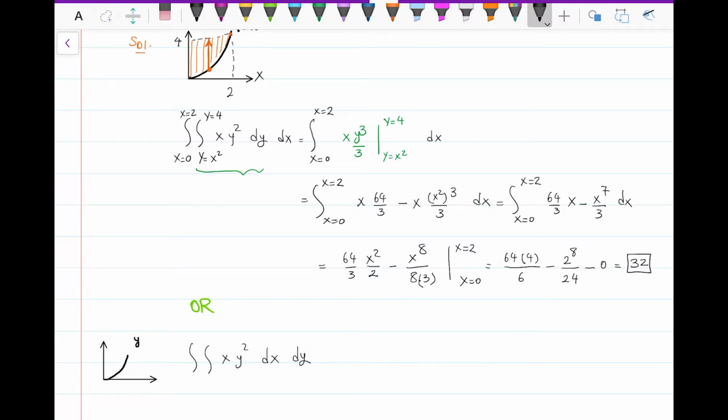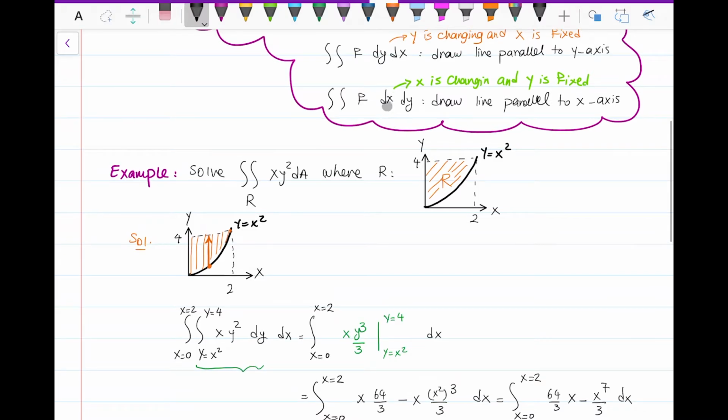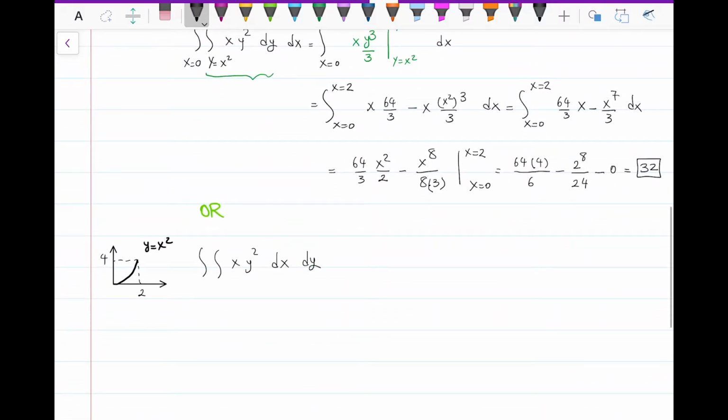This is y equals x squared. Up to 4, the region R is here. Now that we have with respect to x first, let's go back to the procedure. X is changing, y is fixed. So we need to draw a line parallel to the x-axis. So I'm going to draw a line parallel to the x-axis.